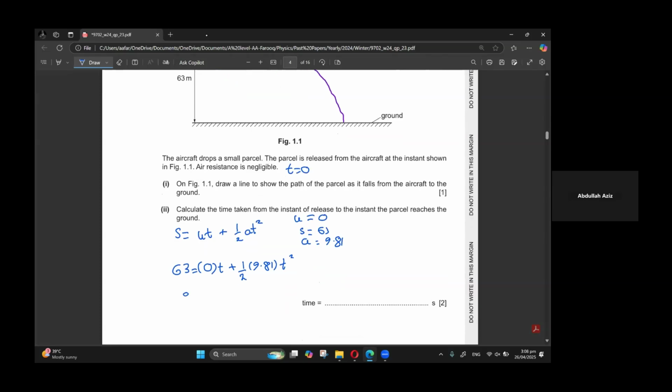So 9.81 t square is equal to 63 into 2. t square is equal to 126 over 9.81.